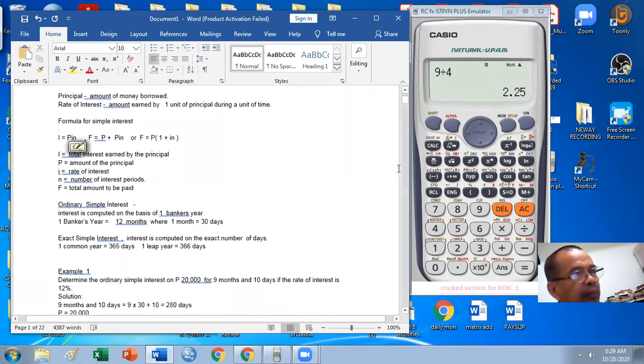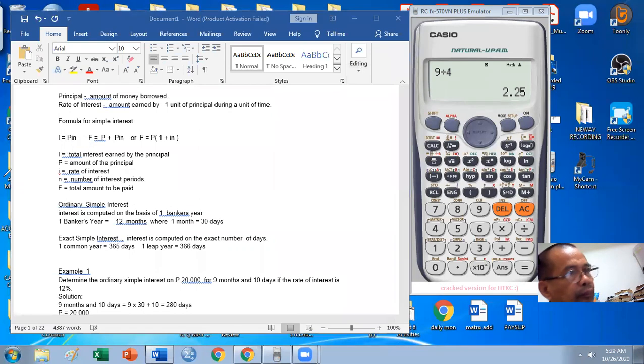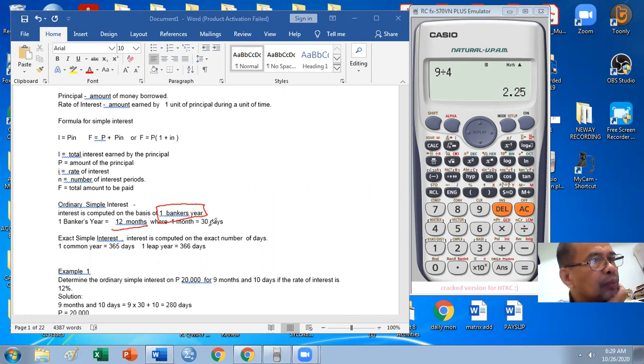We have the ordinary simple interest. When we say ordinary simple interest, the interest is computed on the basis of one banker's year. One banker's year is 12 months, and 1 month is only 30 days, on average. When we say exact simple interest, the interest is computed on the exact number of days.